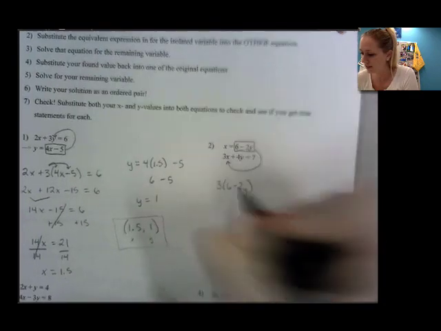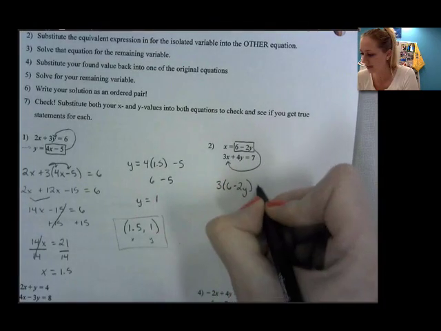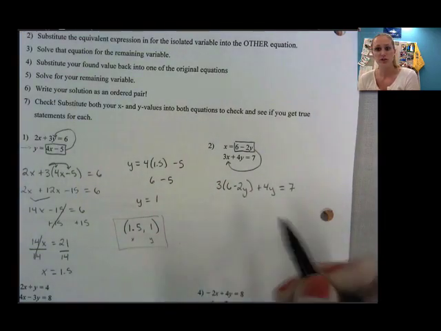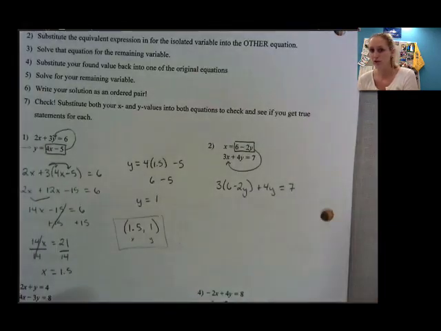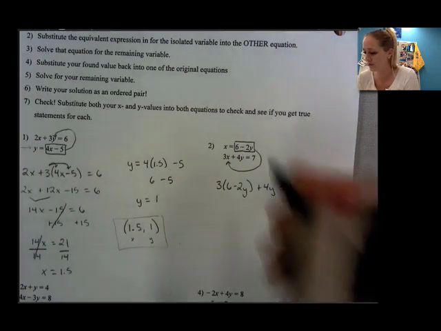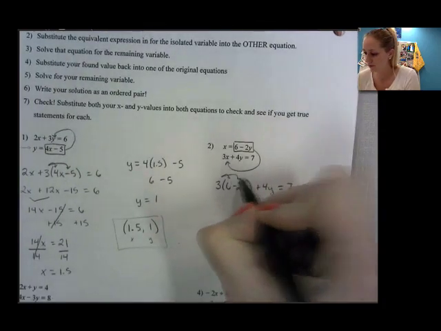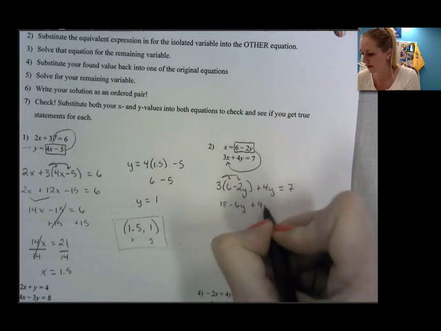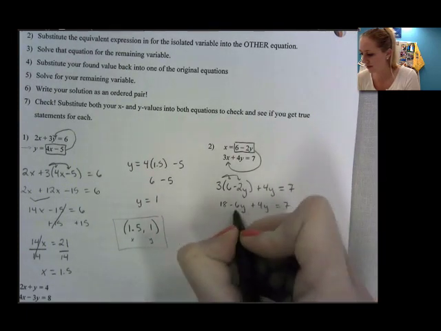All right, so plugging that in for x, then I'm rewriting the rest of the equation exactly the same, plus 4y equals 7. So this time my equation is all y's to start. That's okay. As long as we just have one variable, we can solve. So we're going to simplify. So I have 18 minus 6y plus 4y equals 7. Combine some like terms.